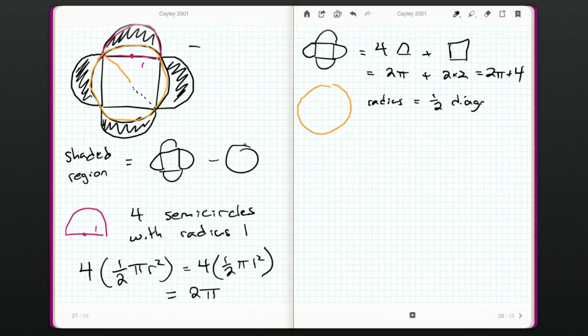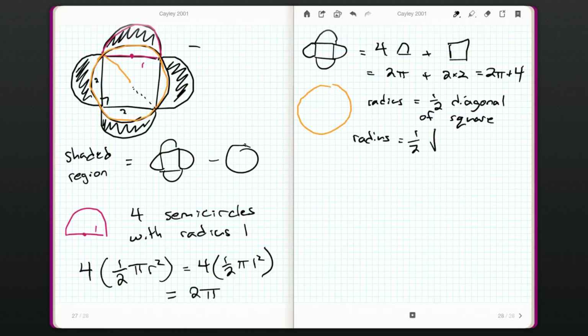Half the diagonal of the square. Well, the square has side lengths 2, and it's got a right angle here, so we can figure out the diagonal of the square.